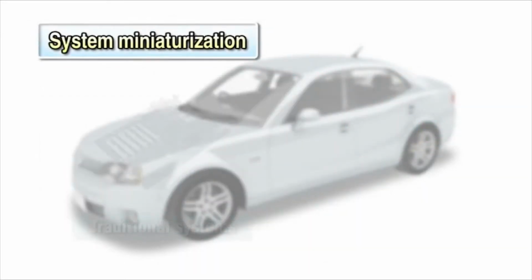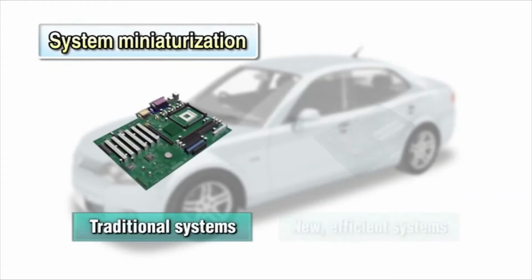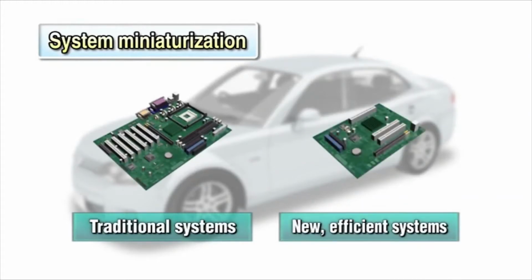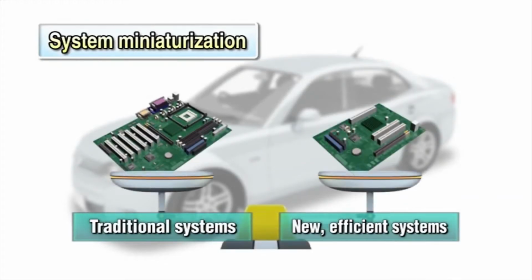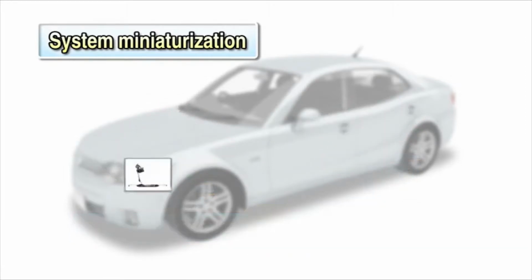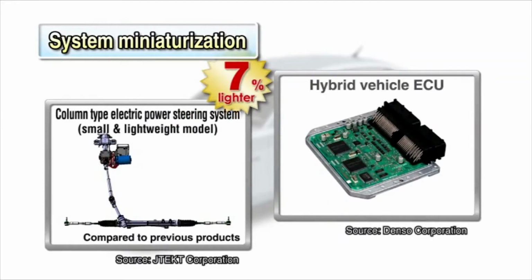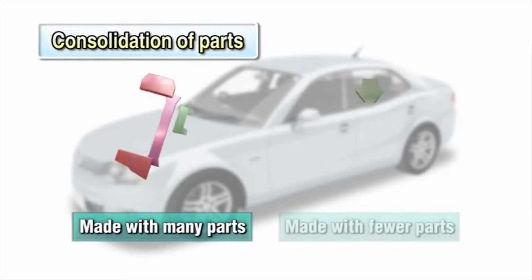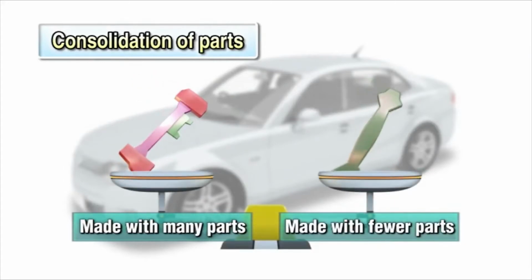System miniaturization is achieved by optimizing the configuration of electronic systems, such as air conditioners and other electronic controls. Design improvements play an important role in making parts smaller and lighter. A part that is comprised of multiple components can be redesigned and consolidated into a single unit.